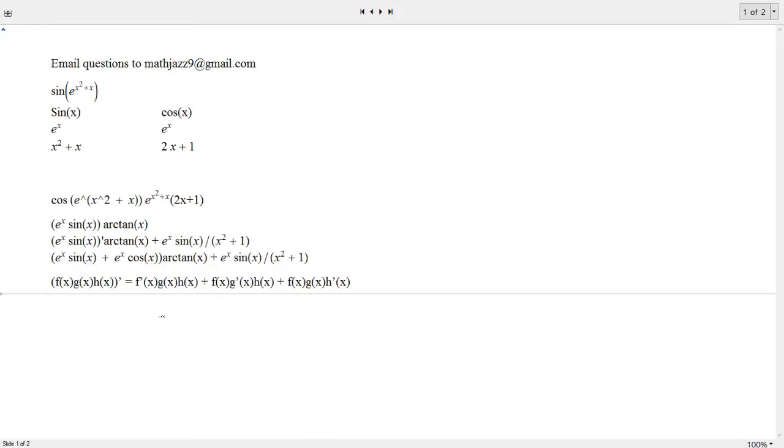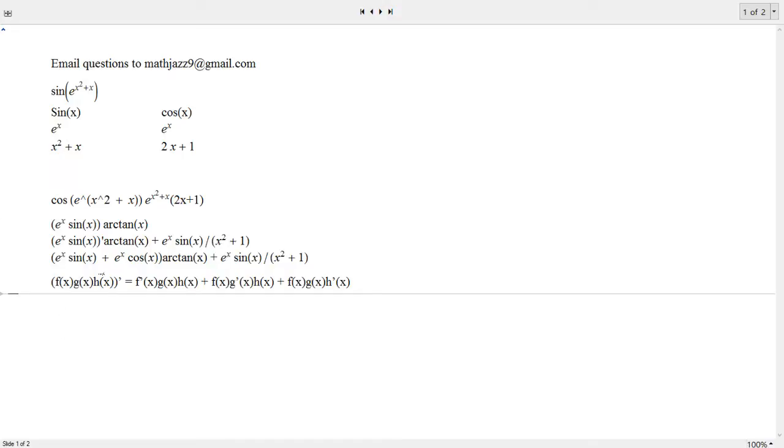In general, this works for as many functions being multiplied together as you'd like. If you have 5 functions, then you're going to have 5 terms, and in each term, each of those 5 functions is going to take a turn being the one whose derivative you've taken.